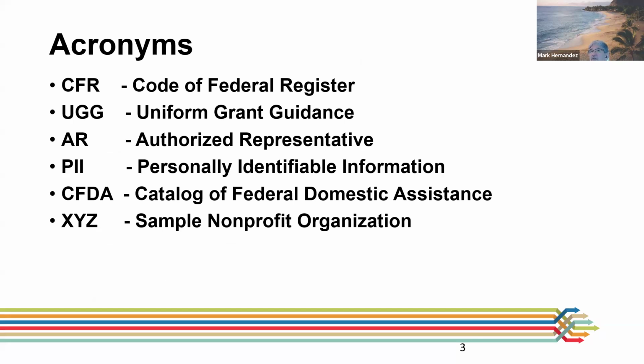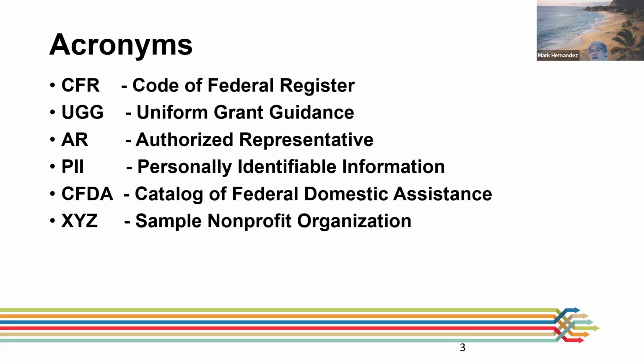You may look at documents or hear people talk about UGG, which is the Uniform Grants Guidance. That's just the same name as the CFR. If you wonder why UGG, it was just a short version of the 2 CFR Part 200 with that very long name.